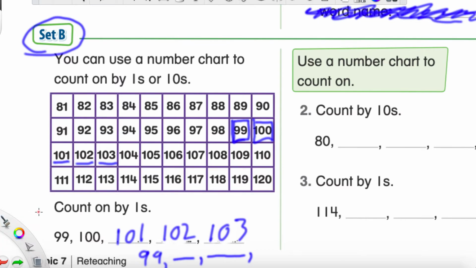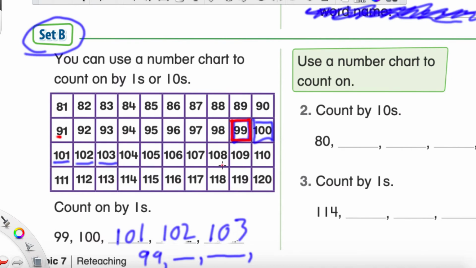All right, what do you think we would do first? Well, what I would do first is find the number 99 on our 100 chart. So we look for the row with all the 9s in our 10s place, right? Right there. There's our 9 in the 10s place. Go all the way till you find the number 99, and I found it. It's right here.